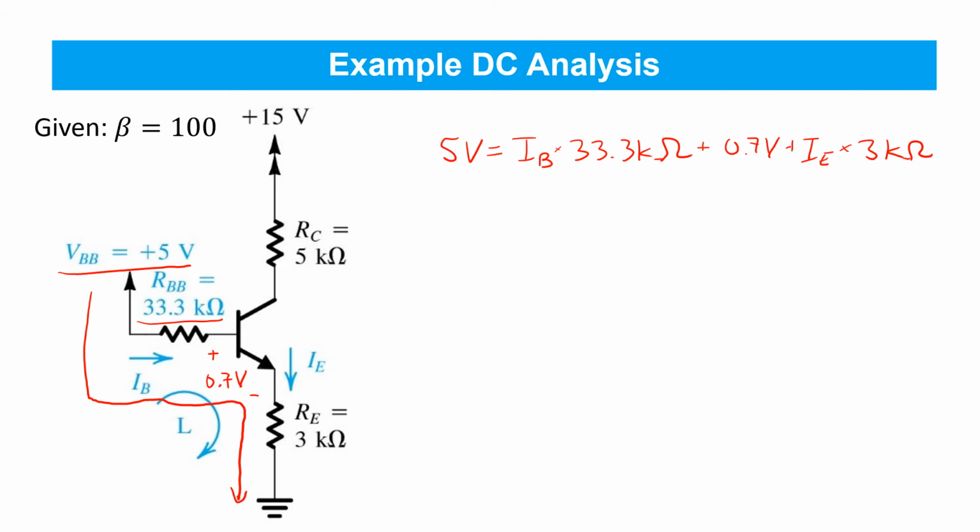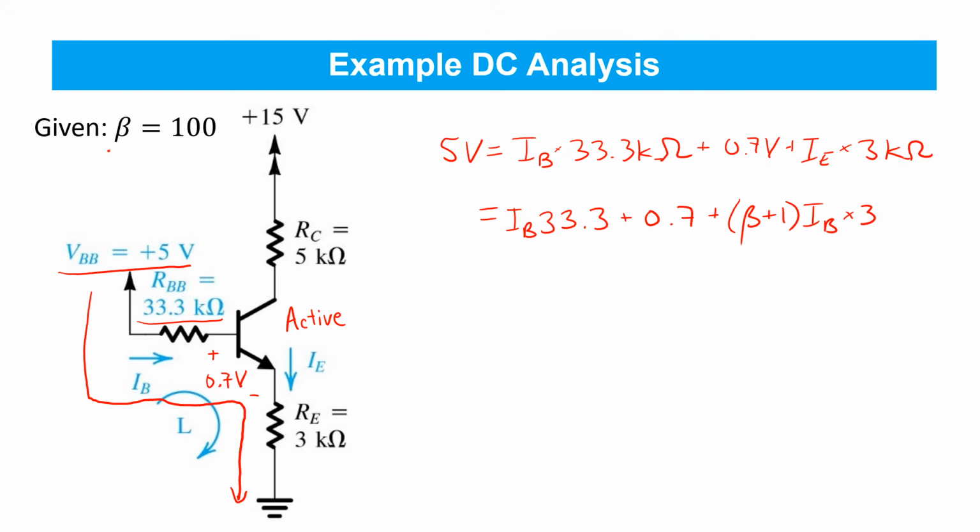Now, the problem is there's one equation and 2 unknowns, but we know one other fact that allows us to relate the emitter and base current if we assume the transistor is in active mode. For now, that's an assumption. We'll have to validate that later, but if we proceed with that assumption, we can say that the emitter current is beta plus 1 times the base current.